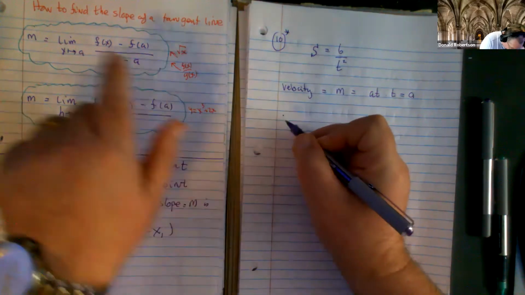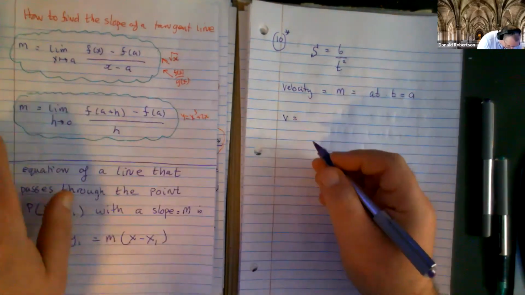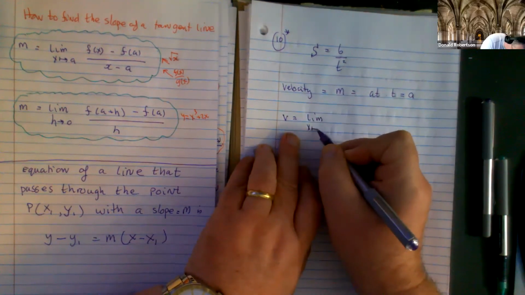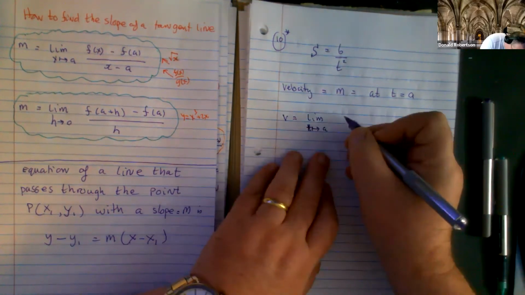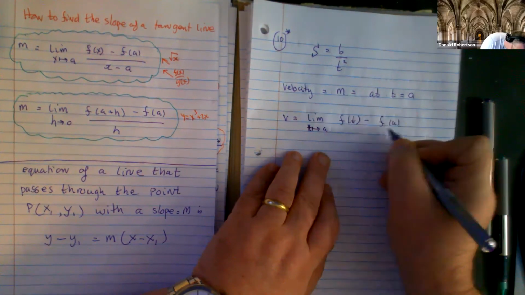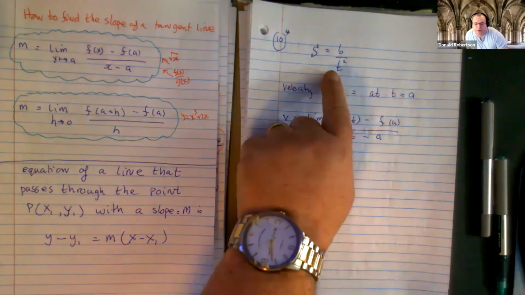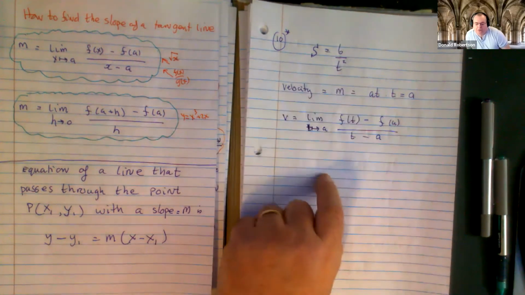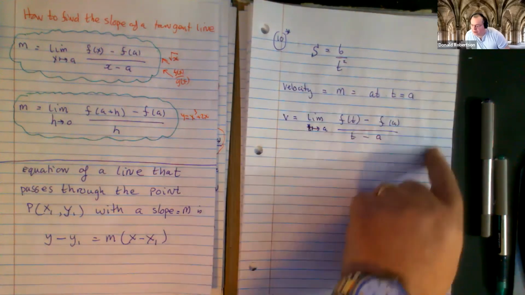So instead of me saying m equals, I'm going to do v equals. And since it's a fraction, I'm going to call this t, it's going to be f of t take away f of a all over t take away a. So we're going to find the slope of the tangent line to this curve at a, or if you prefer, the velocity of this thing at a. It's the same formula.